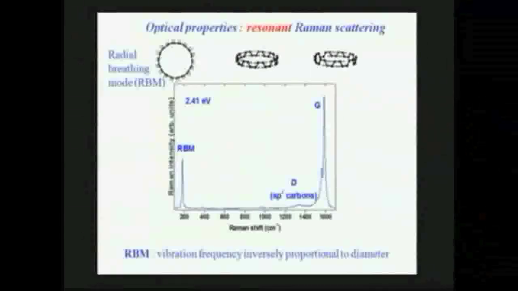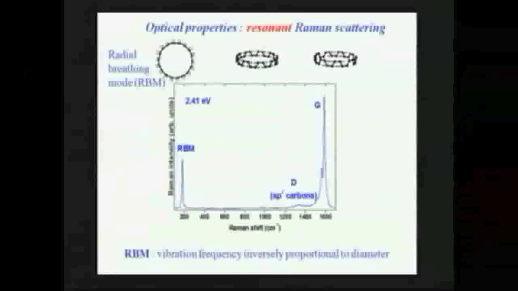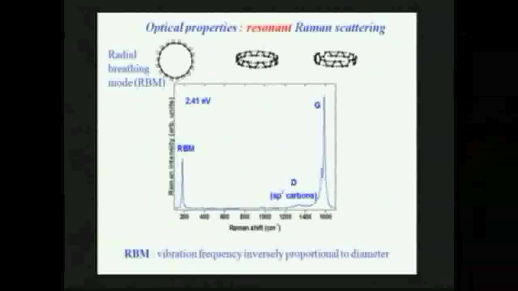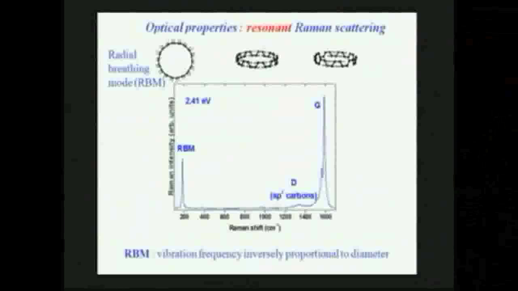And you can quite easily imagine that the energy you have to spend to expand the nanotubes is larger for small nanotubes, because you have to deform nanotubes with a high curvature, than for large nanotubes. And then you can imagine quite easily that the frequency of this mode will depend on diameter.